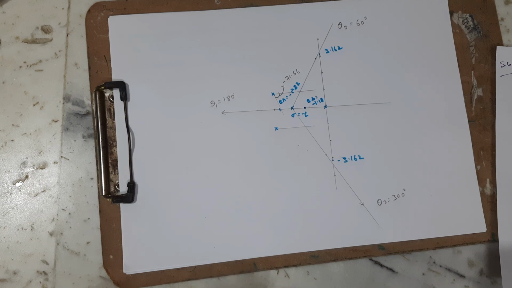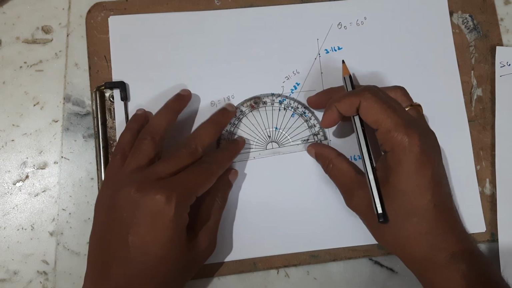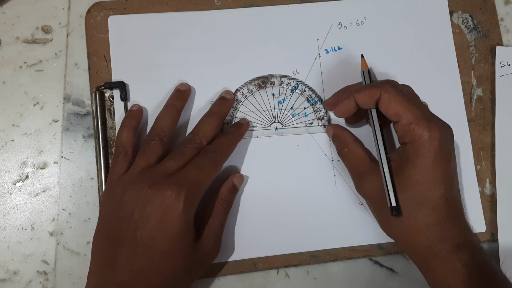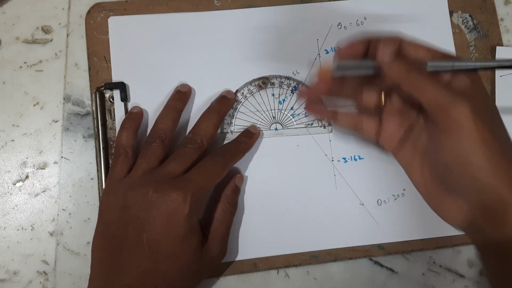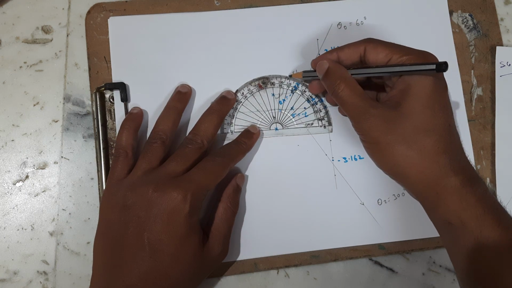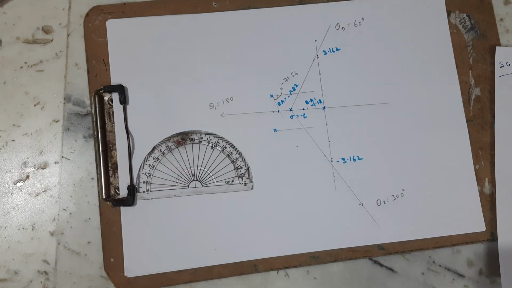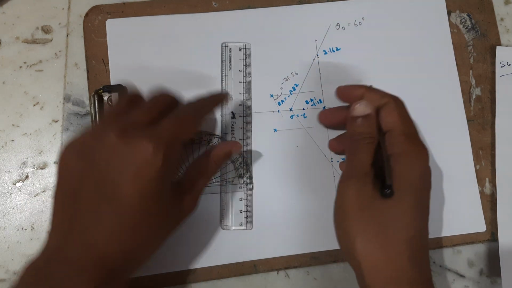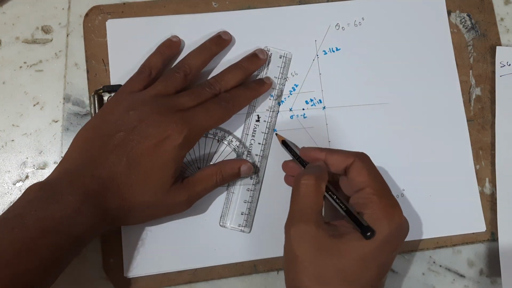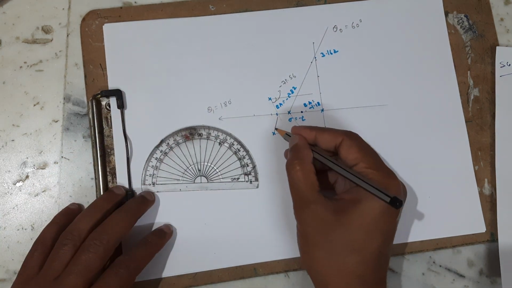Okay, so next, what is the angle of departure for this? It will be plus 71.56. So I am going to draw it upwards, plus 71.56 somewhere here. So I am going to draw the line above. How much is this?